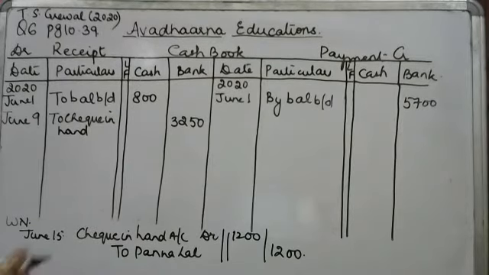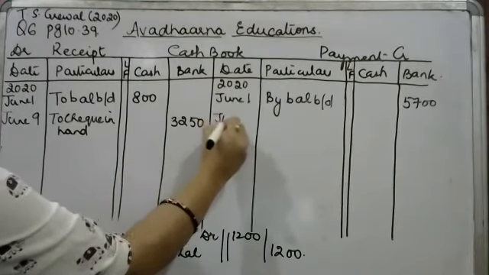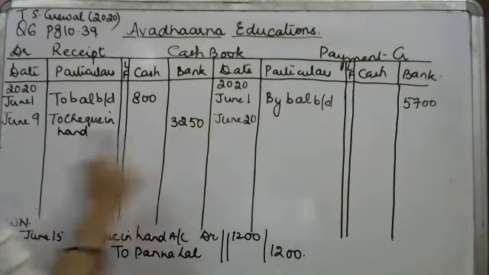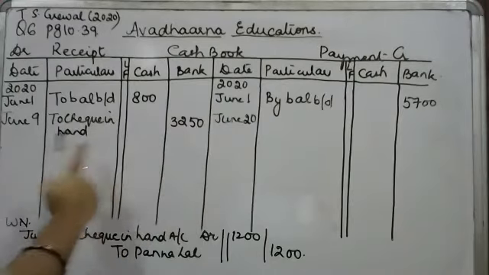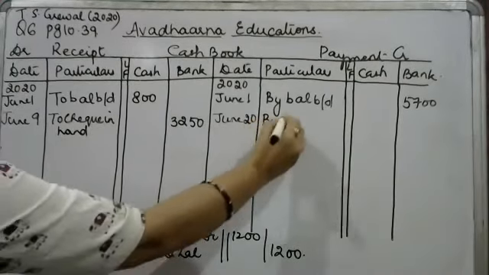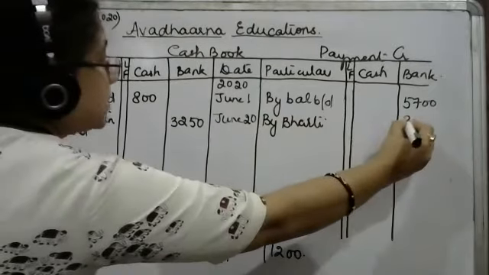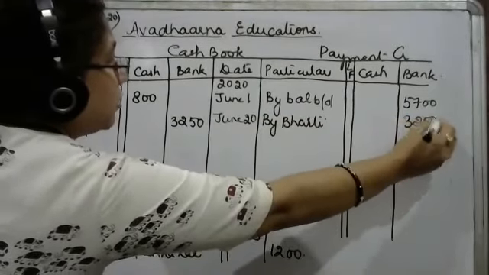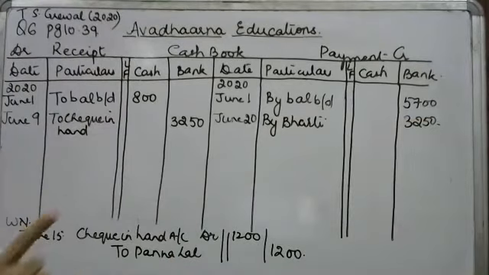So the entry will be on June 20th. जून 20th. बेटा ये जो चेक हमने डिपॉजिट कराया था ये डिसऑनर हो गया. डिसऑनर हो गया तो भारती विल अगेन बिकम अवर डेटर. फाइन. सो वी राइट बाय भारती एंड देन बैंक अकाउंट विल डिक्रीज बाय 3250. और जो हमने 150 का डिस्काउंट अलाउ किया था, डेबिट किया था, दैट डिस्काउंट विल बी टेकन बैक. फाइन. इट विल बी टेकन बैक.